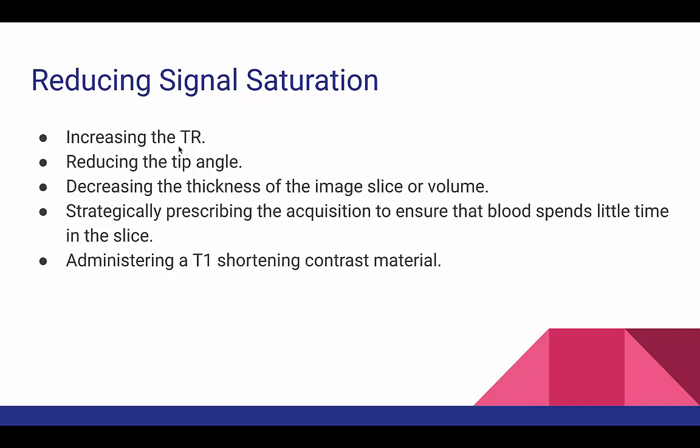Administering a T1 shortening contrast material. Again, as we mentioned before, with some of the techniques labeled under the MRA, you have the use of contrast materials. They help, but there are pros and cons with the use of them.